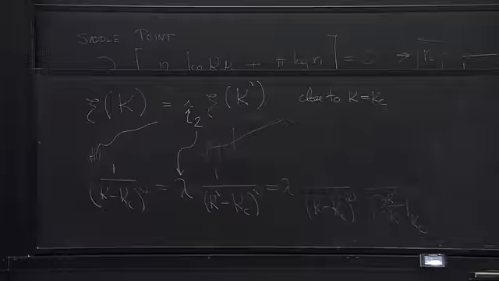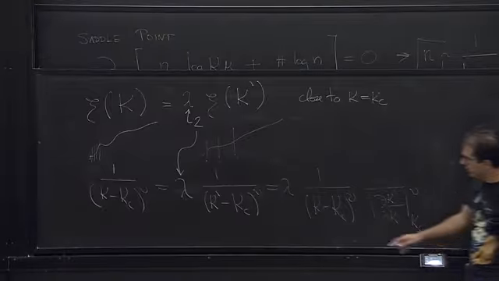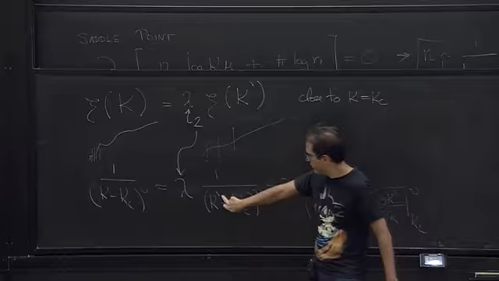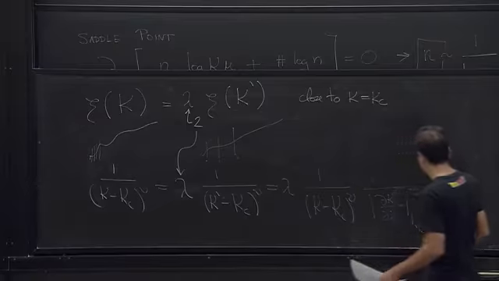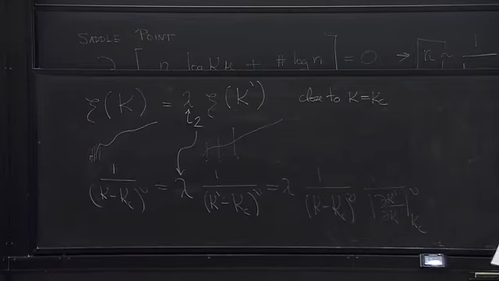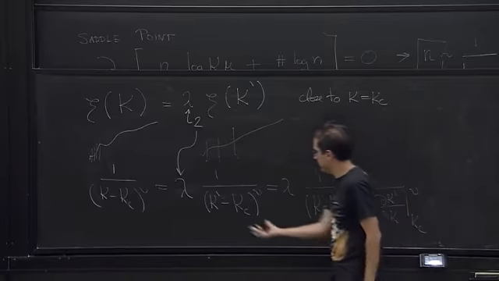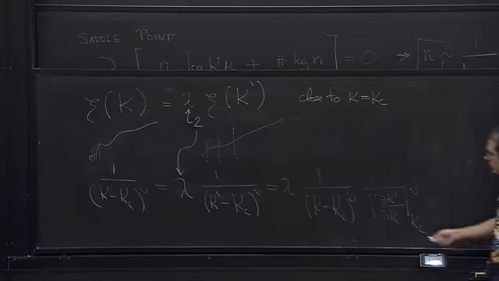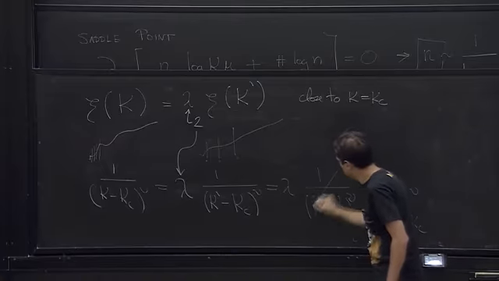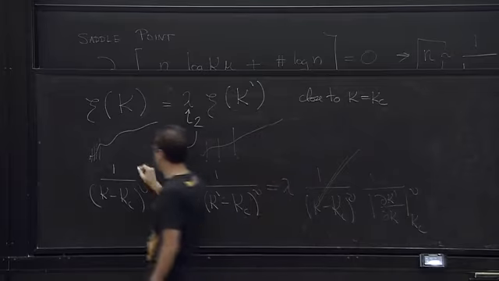K prime is K critical plus the derivative times the deviation. This is the definition of derivative as I'm expanding. And therefore we nicely see that these terms cancel.